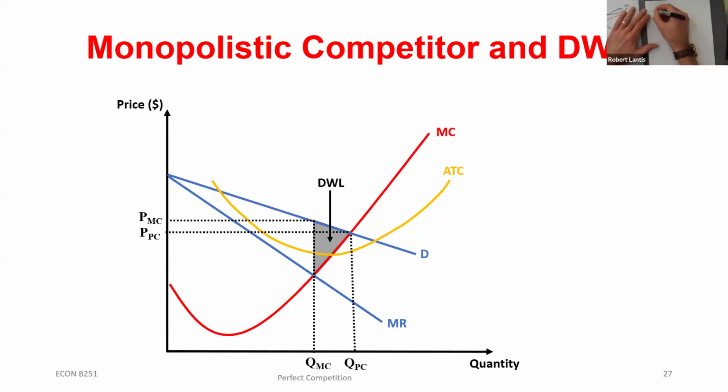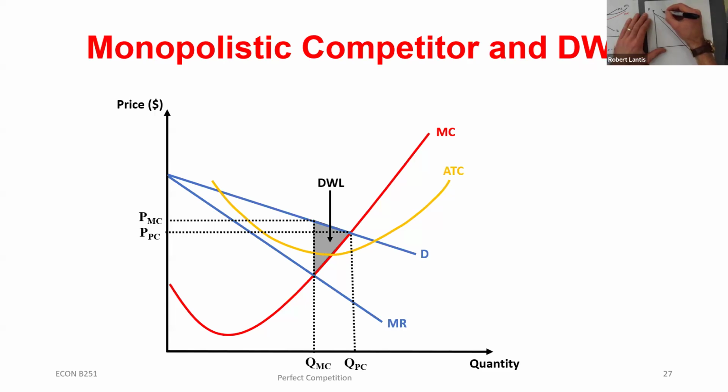So let's think about if I have a monopolistically competitive market, here's the firm's demand curve. They're also going to face a twice as steep marginal revenue curve.